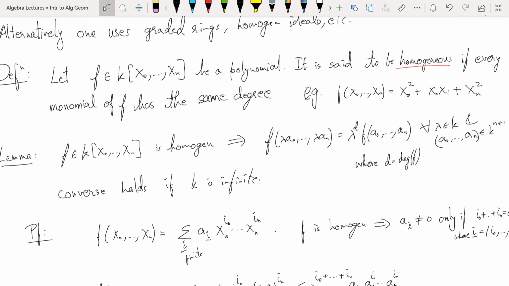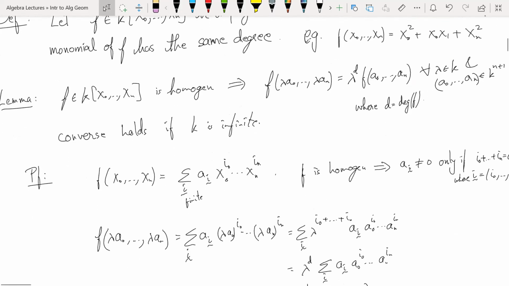I guess this is straightforward, so I'll just go over it. If f is some polynomial in x_0, ..., x_n, then you can write it as a sum of terms a_I x^I.